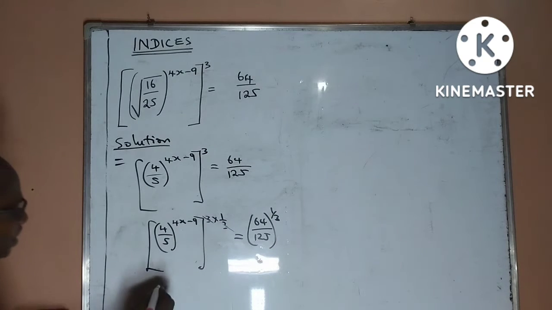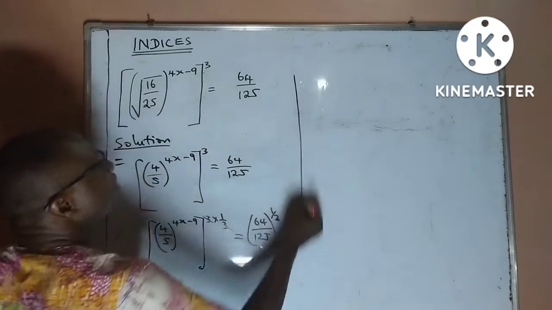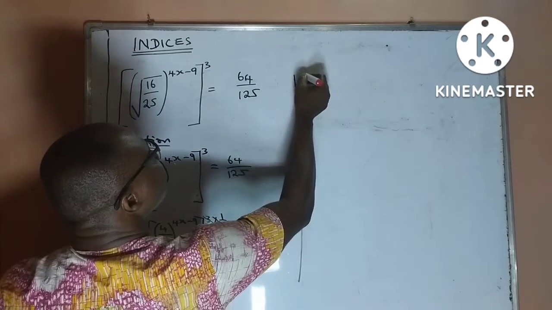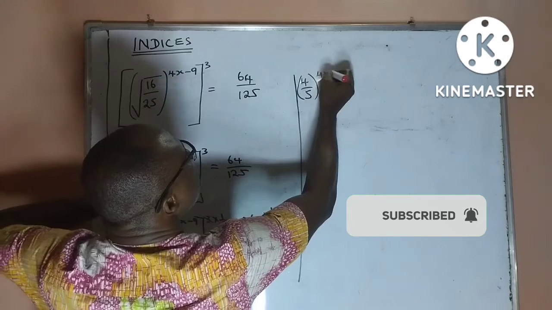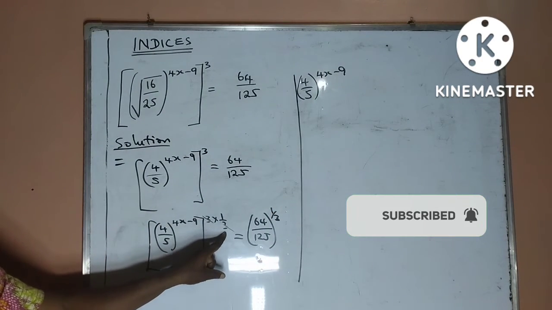At the end of the day, I will now have 4 over 5 raised to the power 4x minus 9. That is what I have, remembering that I have cancelled out this 3.